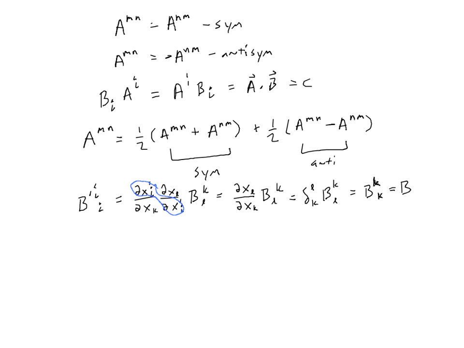So we could just call this something like B. And so what we learned from that is that the scalar really is the same in all the different coordinate systems. So here you take a scalar, or sorry, take a tensor, and you contract over its two indices, so it becomes a scalar, and you see that it doesn't transform.